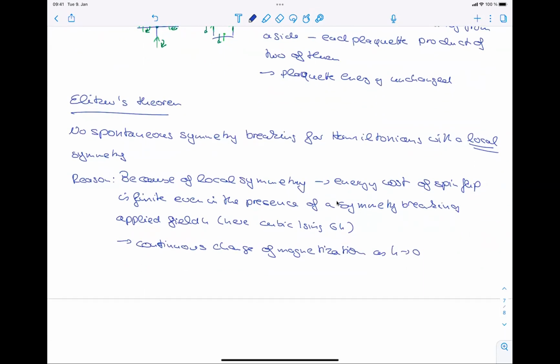We have a problem, right? I mean, we found that in the square lattice of the 2D Ising model, there is a critical temperature, below which we find an ordered phase. And now we go up in dimension, we go to 3D. And this theorem tells us, okay, wait, you have a local symmetry here, you shouldn't have any phase transitions.